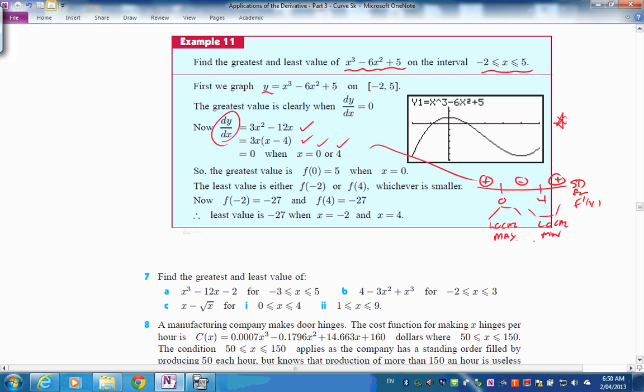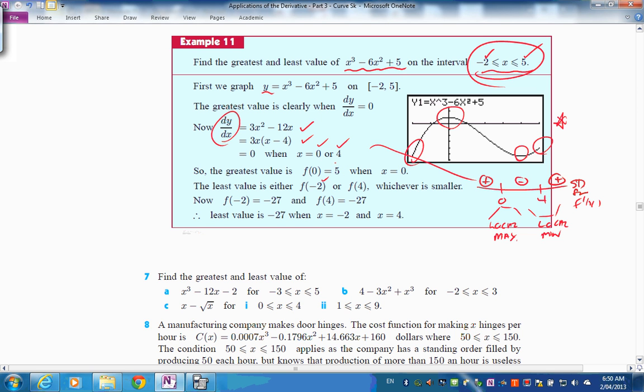But what we're seeing here is if we're allowed to go from neg 2 to 5, you've got to check the end conditions. Substitute neg 2 in and 5 if you like. Well, 5 clearly doesn't go above the local maximum, but if you sub in neg 2 here, you will find that at neg 2 it goes lower than the value at 4.